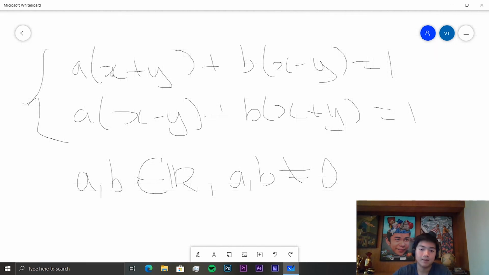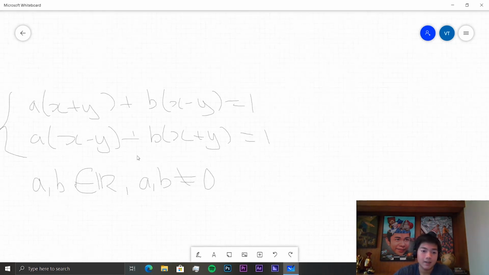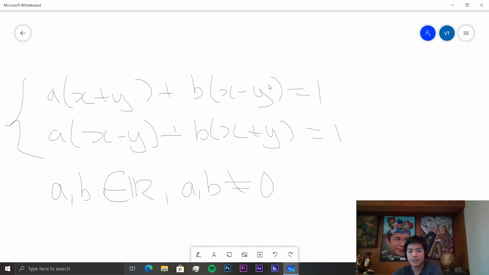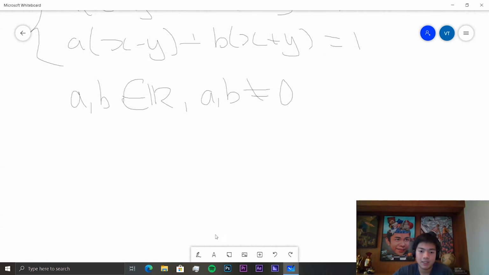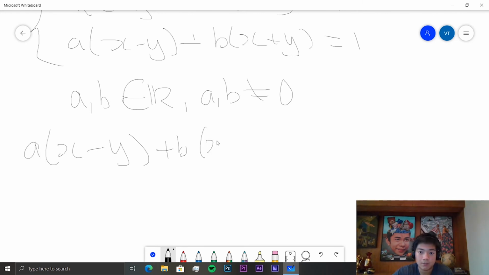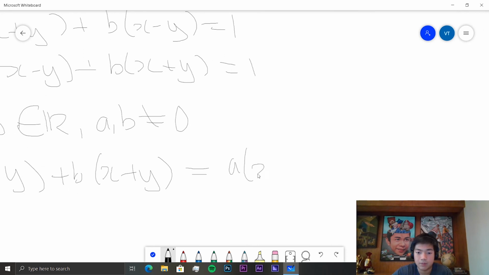So I guess we have to multiply these two equations out. Actually, there's a bit of a trick here because they're both equal to 1. To satisfy both equations, we can just set them equal to each other. So a times x minus y plus b times x plus y must equal a times x plus y plus b times x minus y.